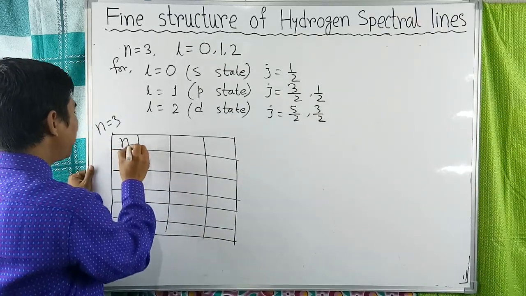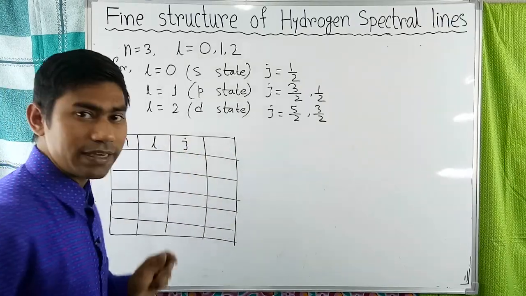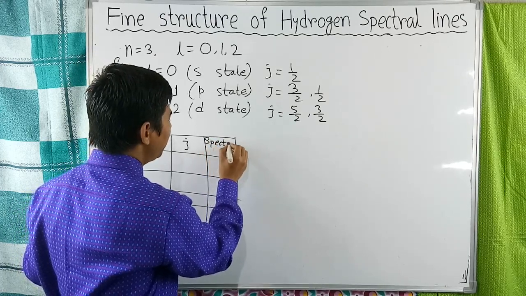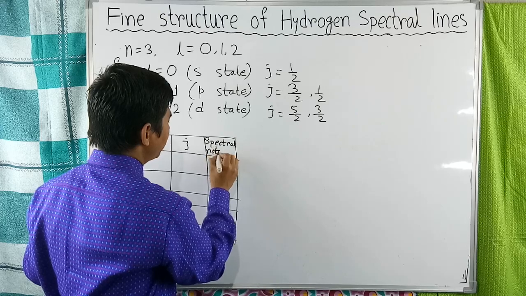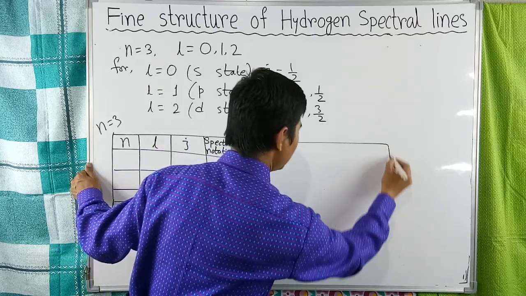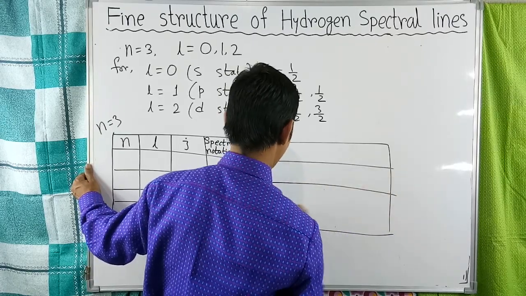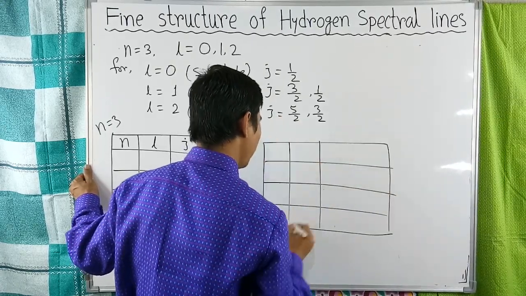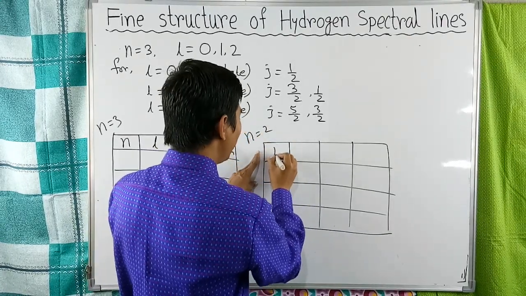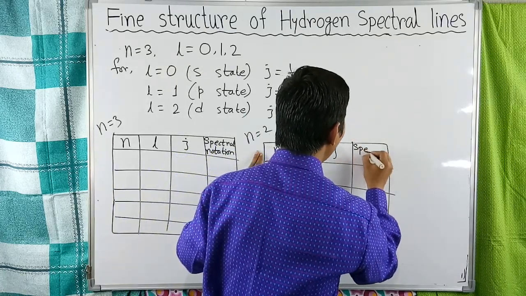Here we write the value of n, here we write the value of L, here we write the value of J, and here we write the spectral notation of these quantum states. And suppose this is the table for the quantum states for the n equals 2 level. Here also we write the value of n, L, J, and the spectral notation.